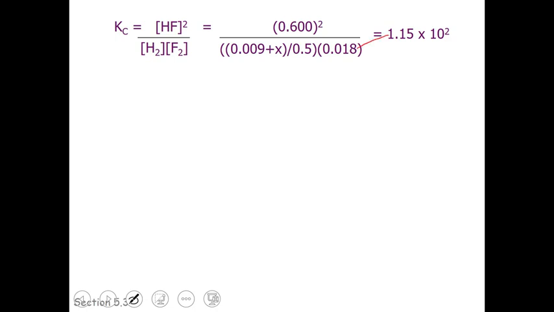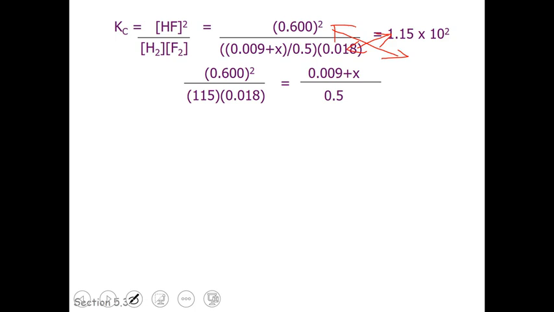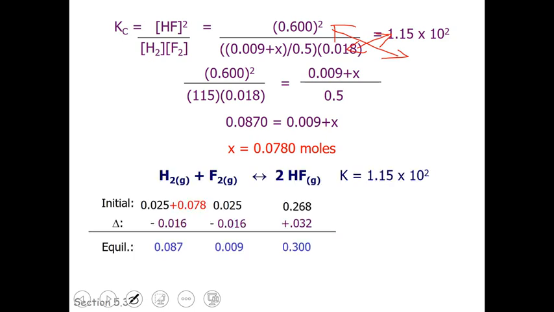So, of course, I'm going to cross multiply and try to get my X on just one side. So simplifying, I am now to this, and finally I solve for X, and the value is 0.0780 moles.